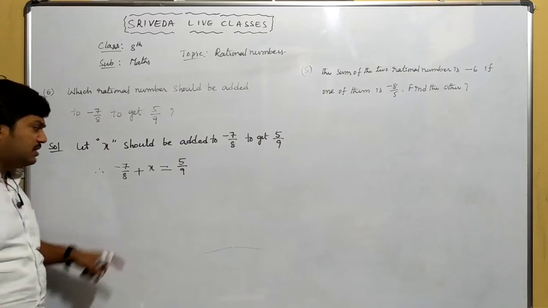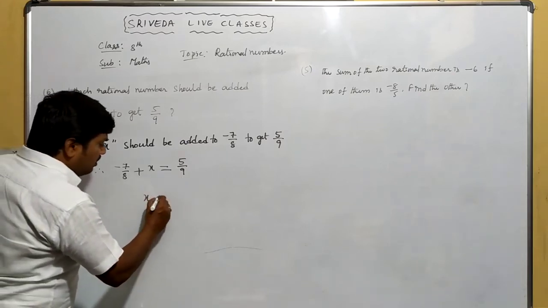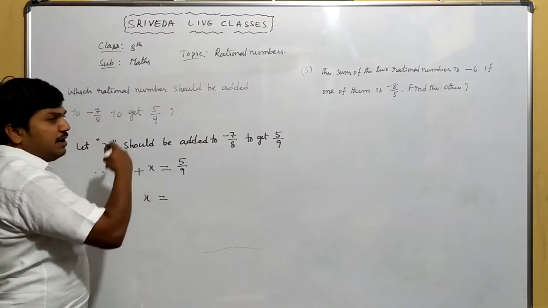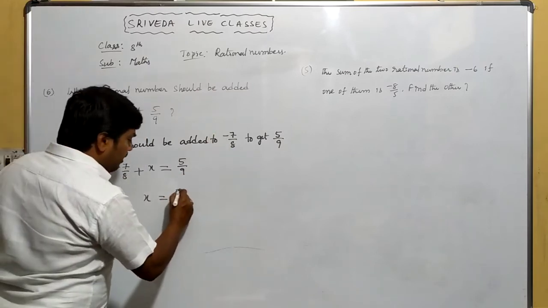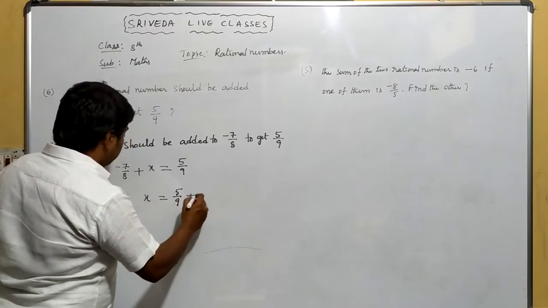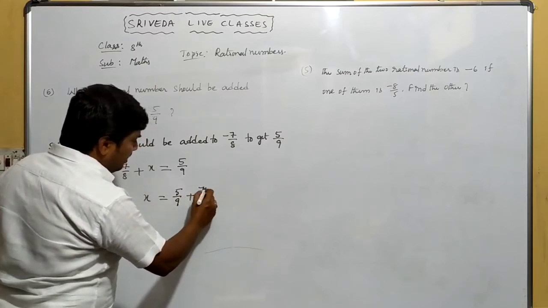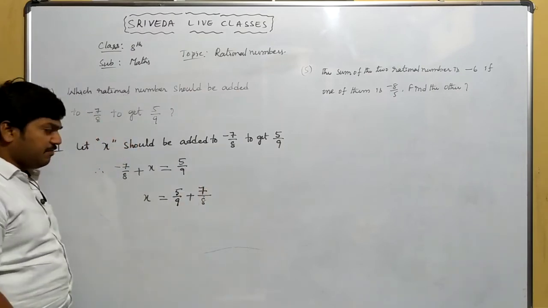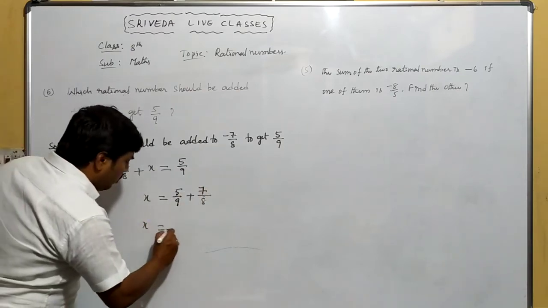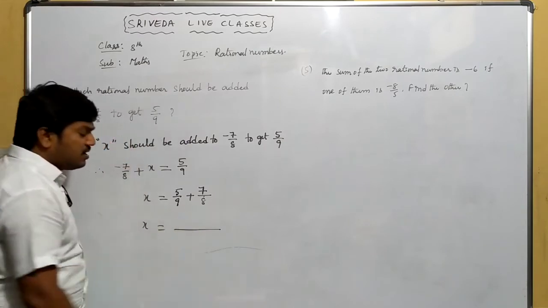Now we need to simplify this. Sending minus 7 by 8 to either side, x is equal to 5 by 9 plus 7 by 8. Here 9 and 8 are co-primes.